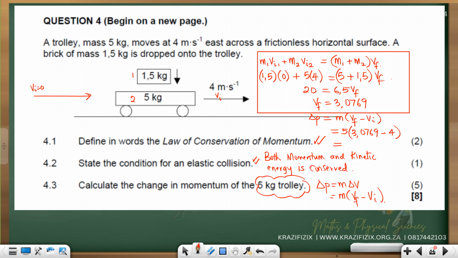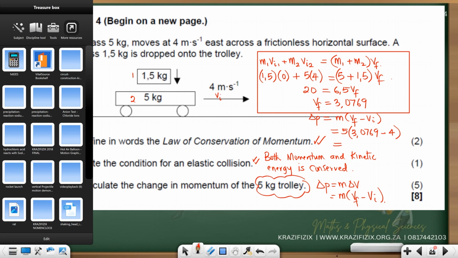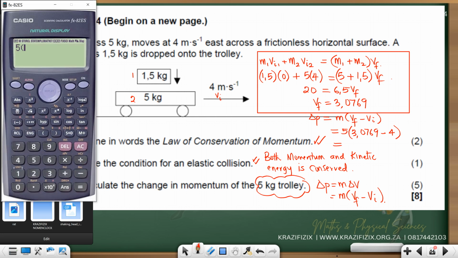We'll put that in a calculator. 5 times 3,0769 minus 4. Okay. Negative 4,62.